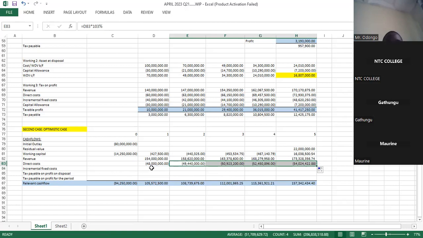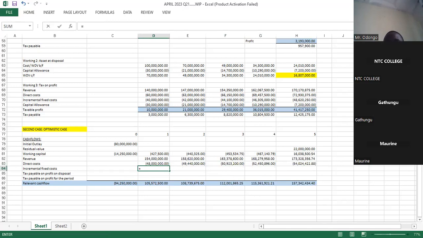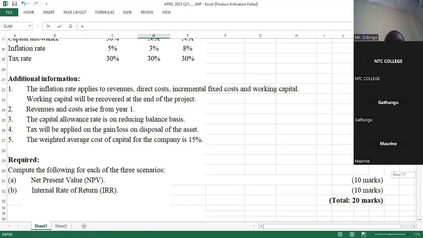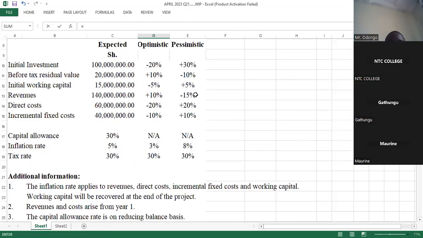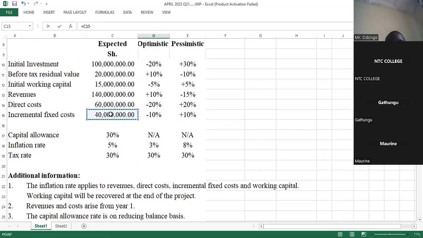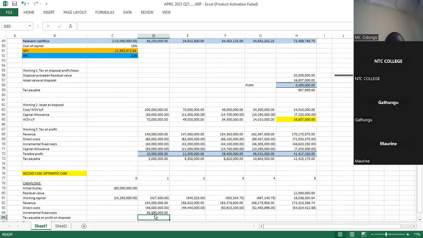So the same thing for the incremental fixed cost, where again for period 1, I pick the expected 40 million, but then I change it by minus 10%. So I multiply by 90%, so that period 1 is 36 million.